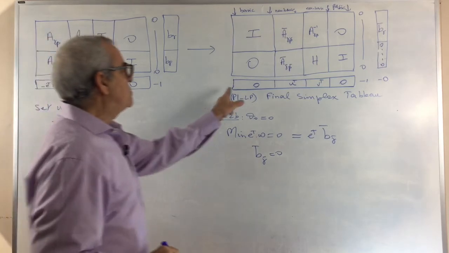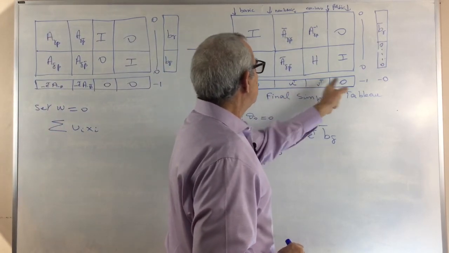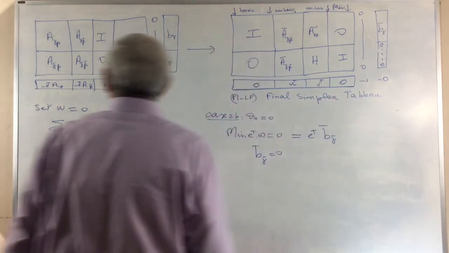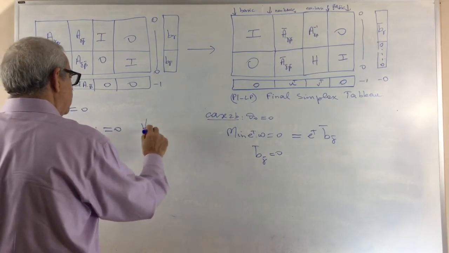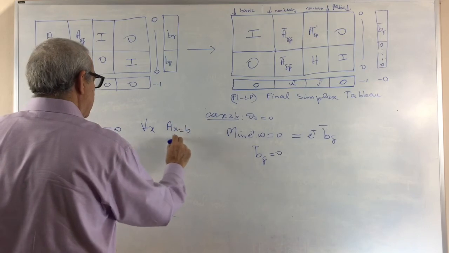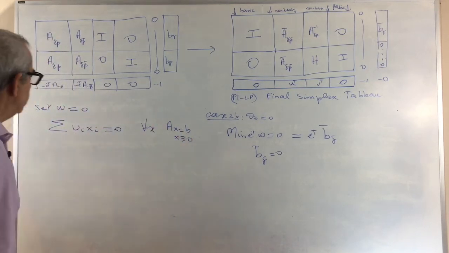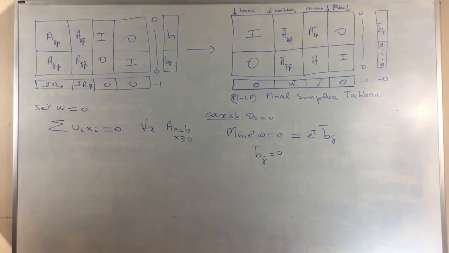This corresponds to W, so these terms are 0. And this is E transpose W, that's 0. So this is equal to 0 for every x such that A dot x equals b, x greater or equal to 0. This is our original set of equations, just reading from this tableau.